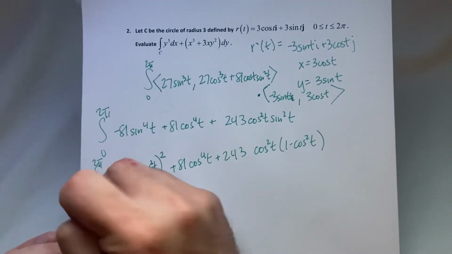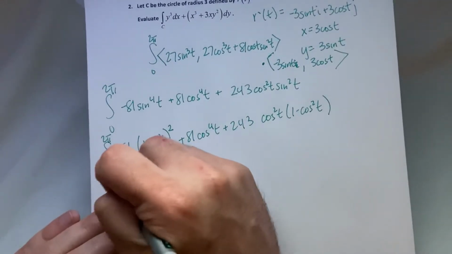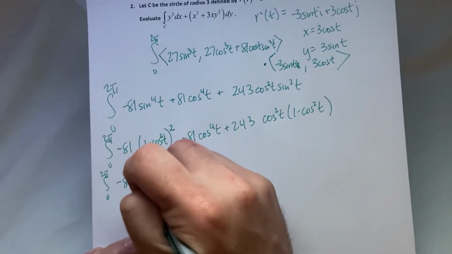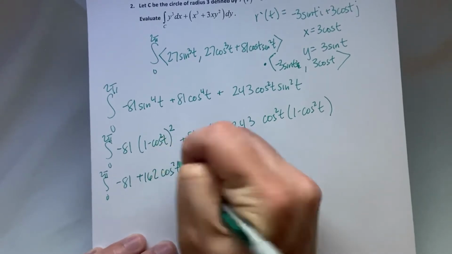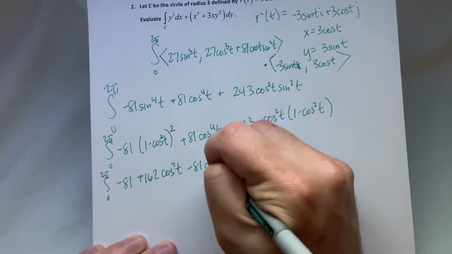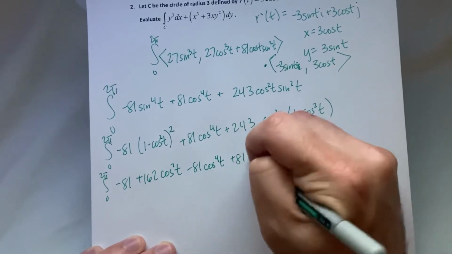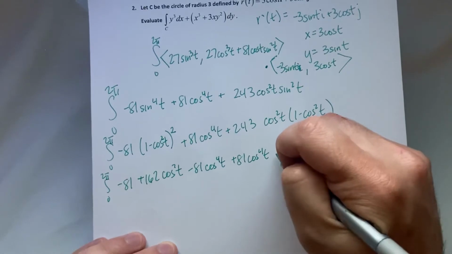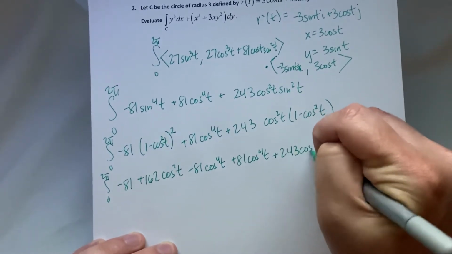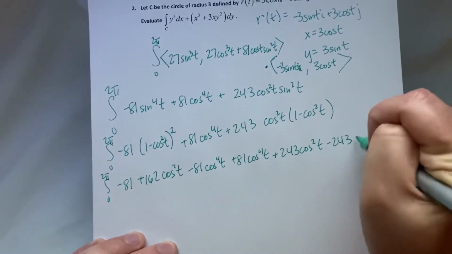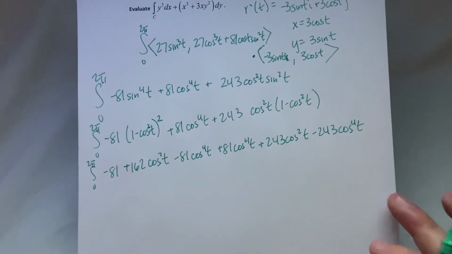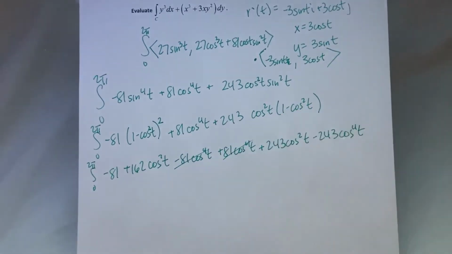So when I expand, it becomes negative 81 plus 162 cosine squared t minus 81 cosine to the fourth t plus 81 cosine to the fourth t. This is going to become plus 243 cosine squared t minus 243 cosine to the fourth t. Okay, so let's combine our like terms. These two are gone.